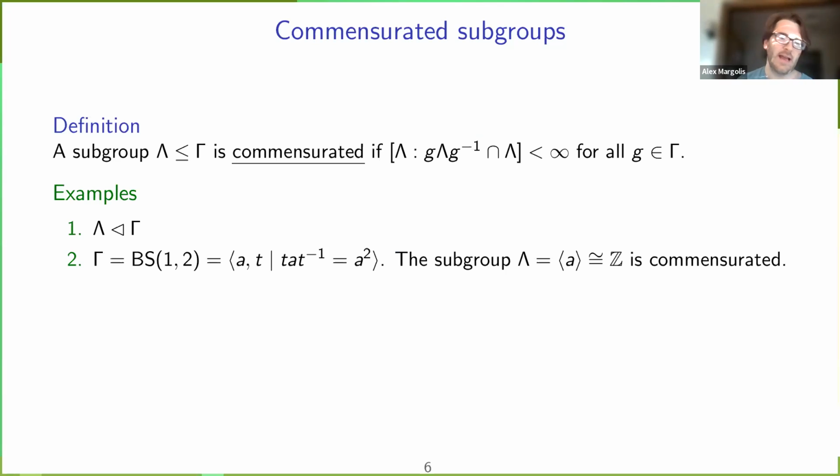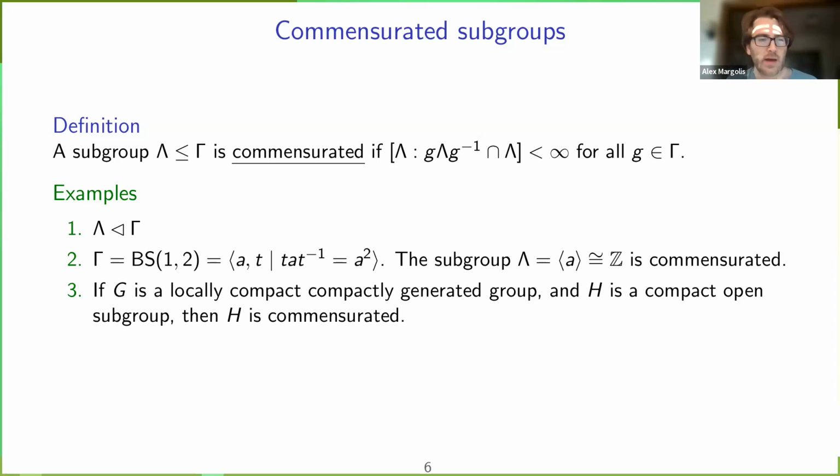If you conjugate it by the nth power of T, you get A to the 2 to the n. So if you conjugate by larger and larger powers, you get deeper and deeper finite index subgroups of A. That's the idea. So this is a subgroup which is commensurated, but is very far from being normal and can't even be made normal by passing to finite index subgroups or anything like that.